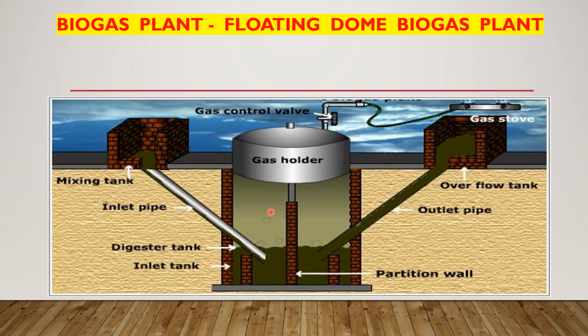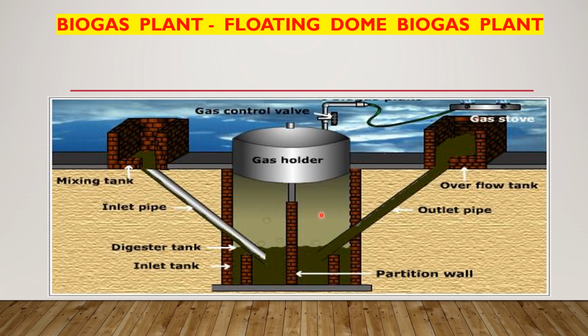It produces the gas, biogas, due to which the gas holder, initially at a lower position, gets lifted up. You can see the two lines over here. This is the lifted-up condition due to the accumulation of biogas within this chamber.